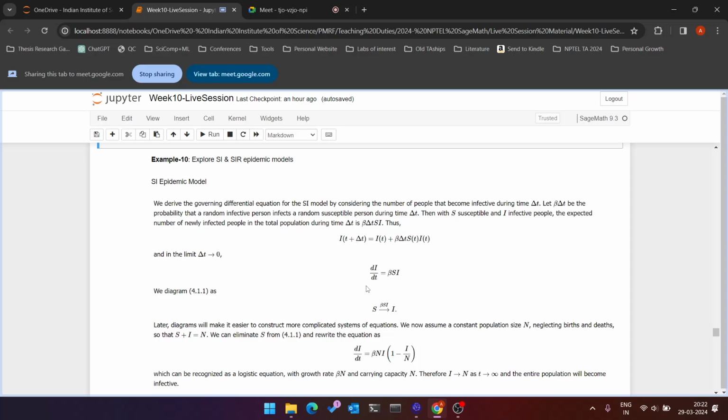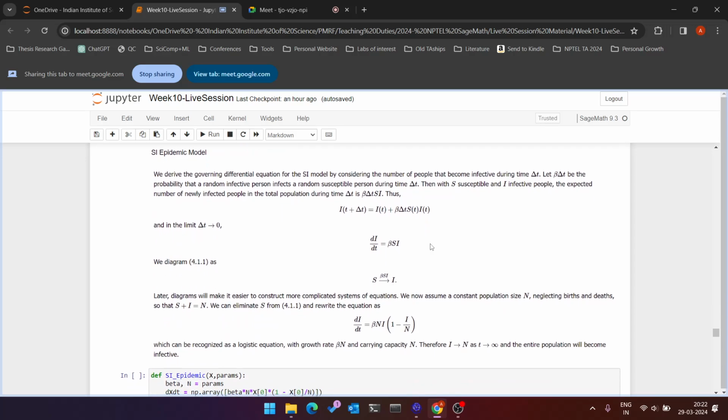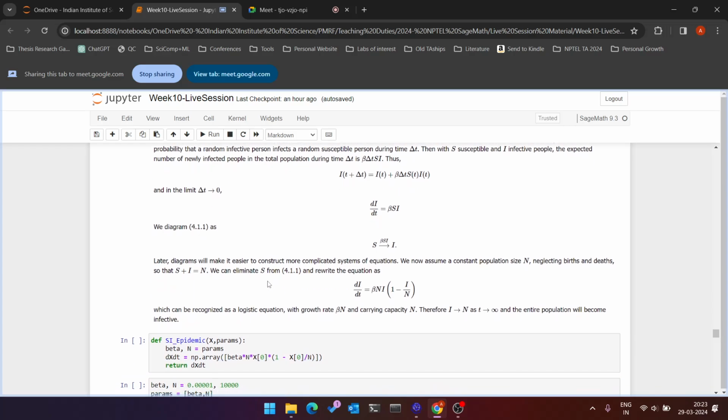So the increase in the number of infected people is I of t plus delta t equals I of t plus beta delta t S of t into I of t, which gives me dI by dt equals beta S I.